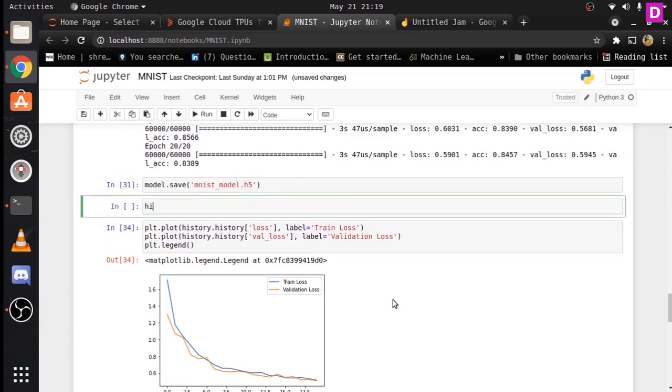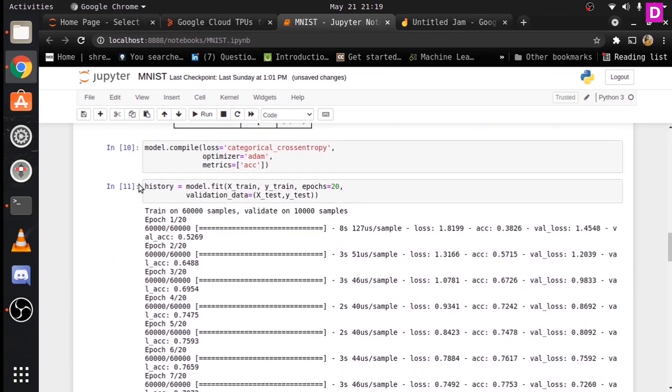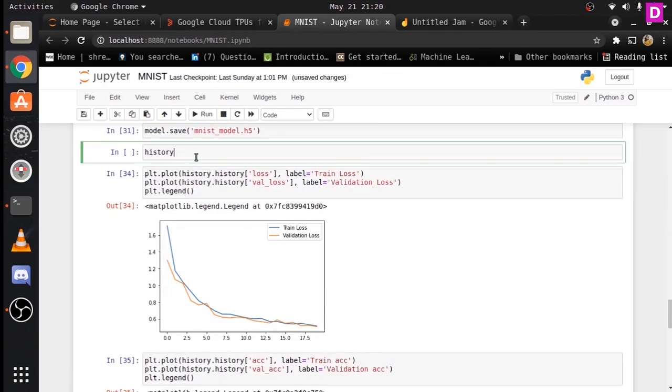For example, there was this history. History is basically what model.fit returns, saved in a variable known as history. Now history itself has a history attribute.